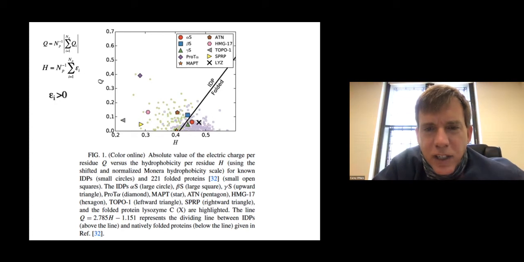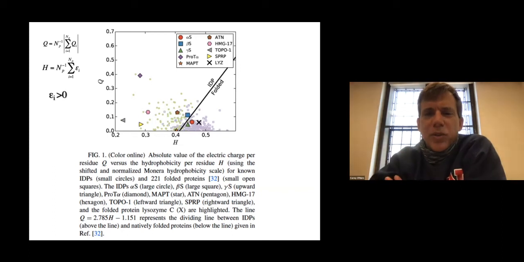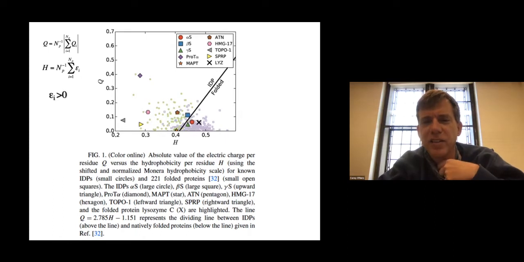And the green circles are data points from known intrinsically disordered proteins. And then I have some other data points in the big symbols. There are triangles that are colored, and circles that are colored, and then there's a big black X. Those are proteins that I'm going to refer to later on in the slides, and I just wanted to highlight those.